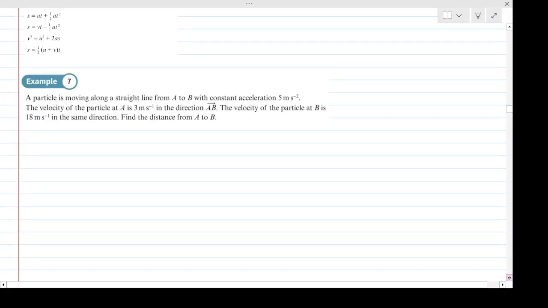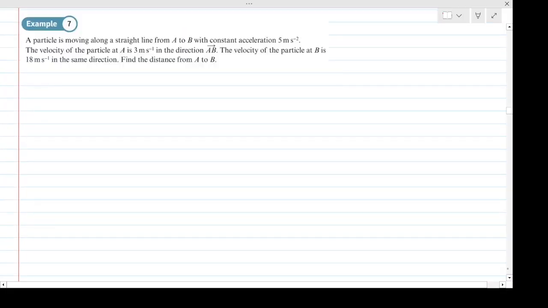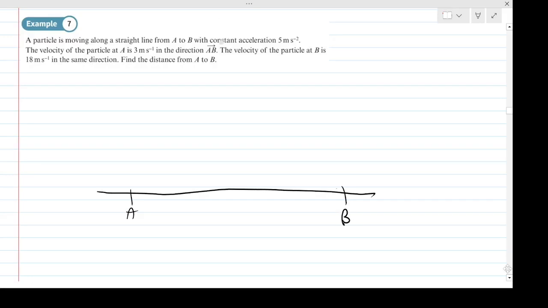So here we are told a particle is moving in a straight line from A to B. Again, I'm just going to draw my line, and let's say A is here and B is here. It says constant acceleration 5, so my acceleration, a double arrow, that's how I represent it, is 5 meters per second per second.